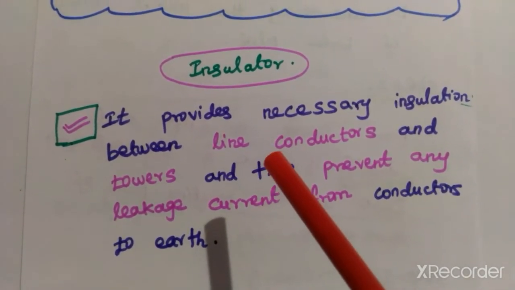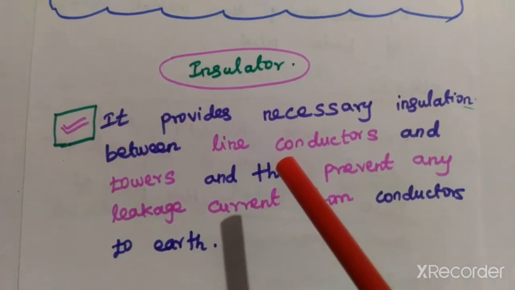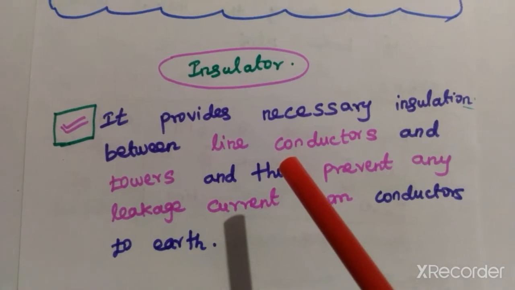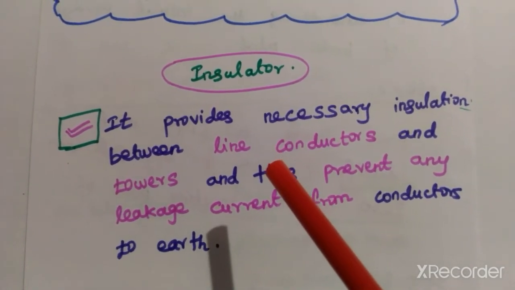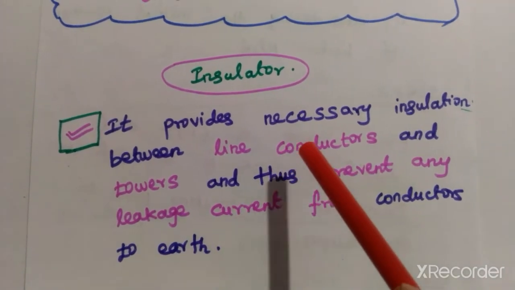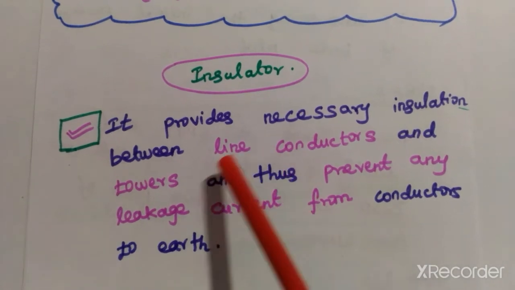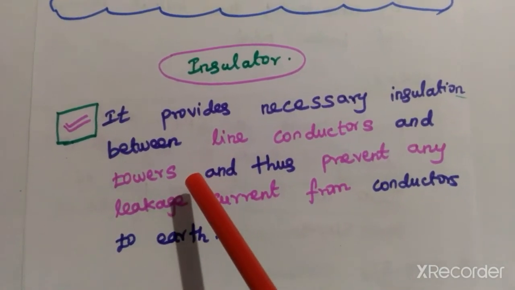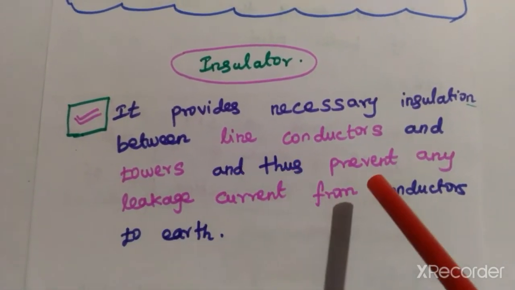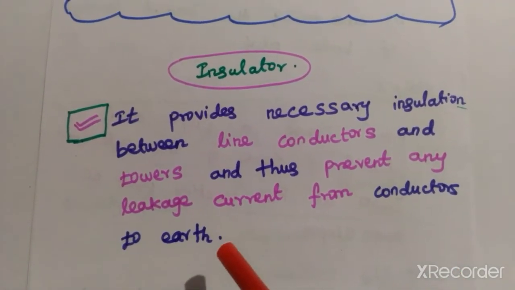The line conductors carry the current, and they are normally supported by the towers. So to separate the line conductors and the towers, the insulators are provided in between. The main purpose of the insulator is to prevent any leakage current flow from the conductors to the earth.